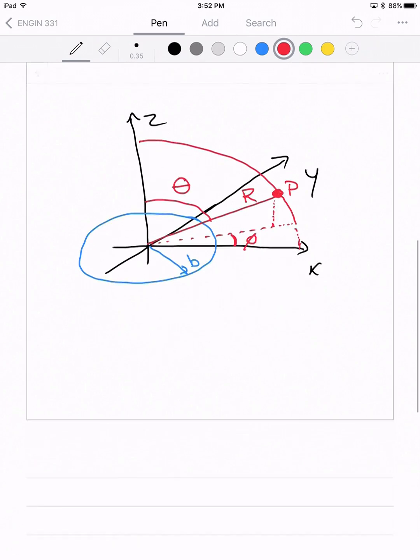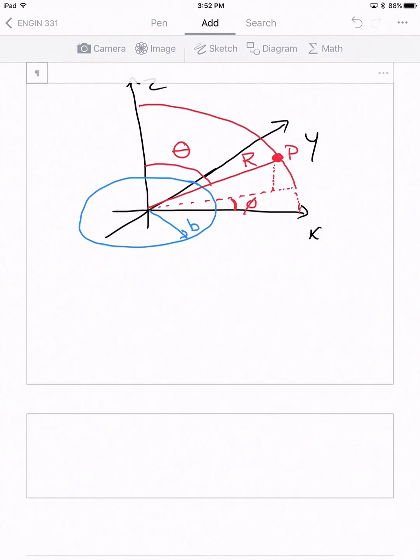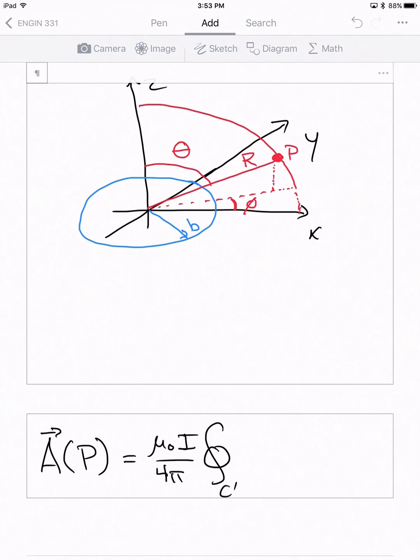Now, in this coordinate system, we have our integral equation for A at some point P. A is equal to mu naught I over 4 pi, integral around the closed contour of dl prime over R1.